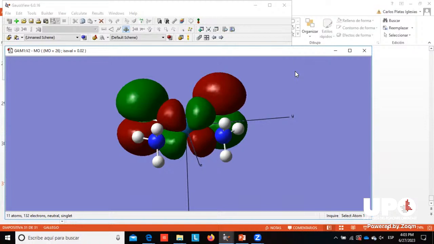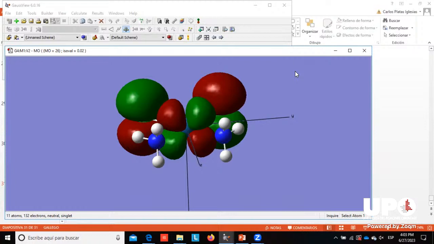Did you open the CHK file or the log file? No, you need to open the checkpoint file to generate orbitals. So now results, surfaces, new cube, and molecular orbital, you have other options there.